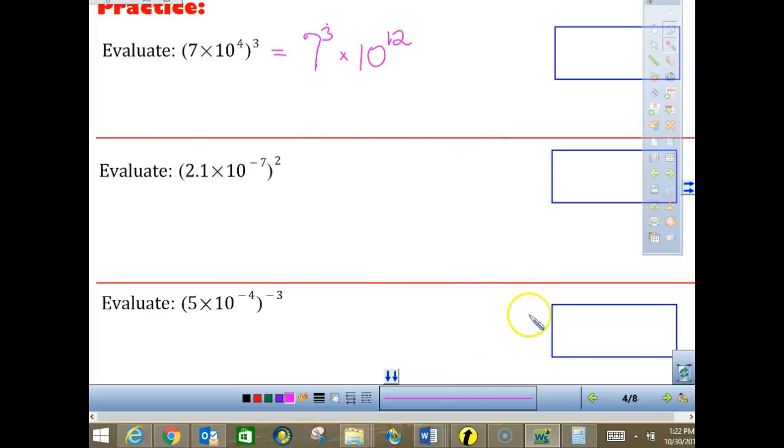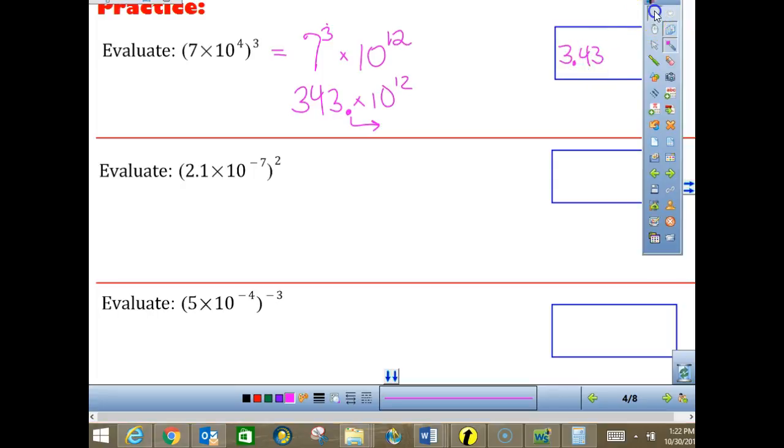So on our calculator, and remember 7 to the 3rd from earlier this year, 343. But this is not in scientific notation, right? So if I'm looking at it, Lucy, this is telling me to move it 12 places. My final answer will be 3.43 times what?